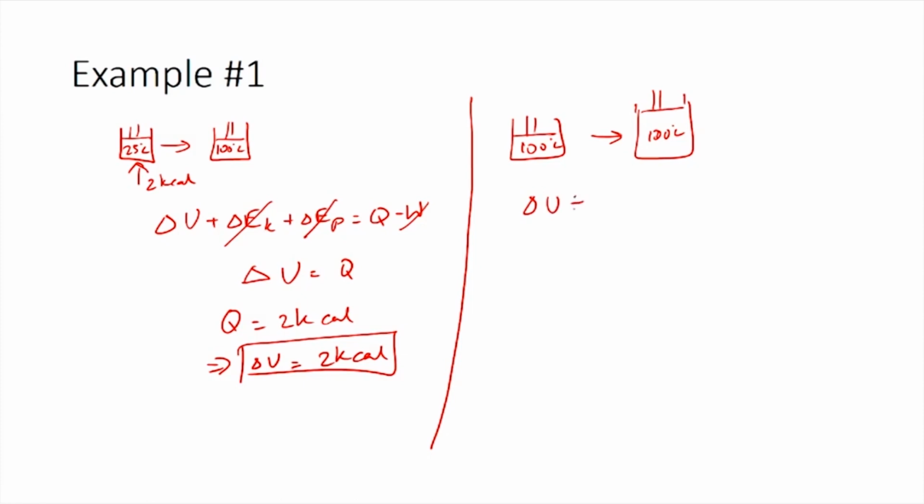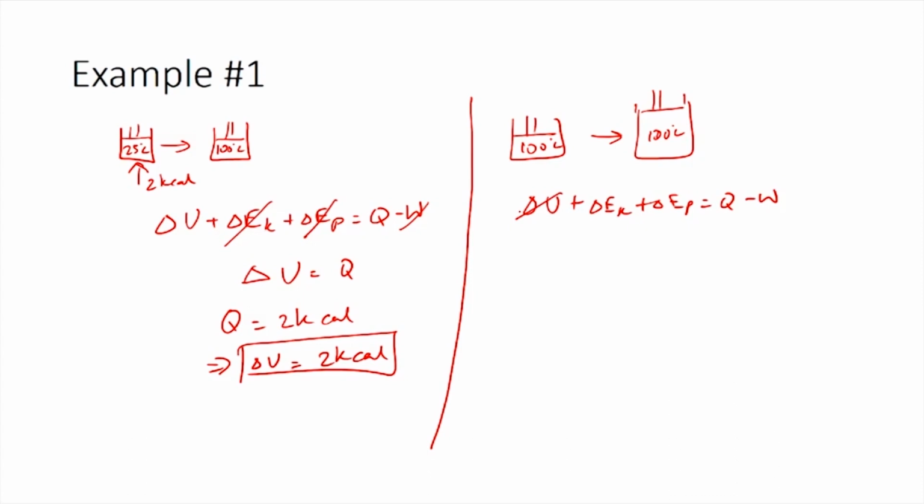So, it is again delta U plus delta Ek plus delta Ep equals Q minus W. Here there is no change in temperature. We know that there is some change in pressure, but we also know that change in pressure does not affect internal energy for ideal gases. This means delta U will go to 0.